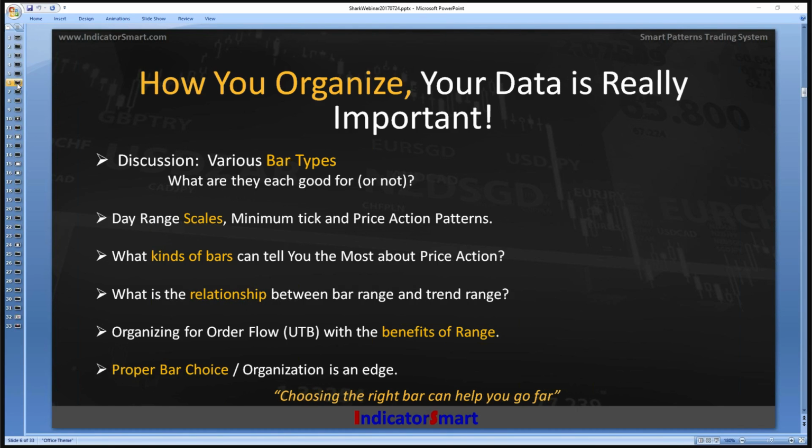And so I developed, a number of years ago, the ultimate tick bar, and that bar makes that possible because the bars tend to get small as the market trends, and the size of the bars is relatively small with respect to the overall range. In fact, backtesting reveals that relationship between bar range and trend range.